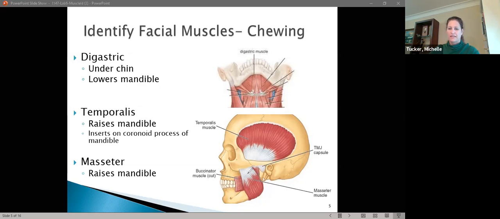There's also a large salivary gland on top of it, the parotid salivary gland, that provides salivary juices, digestive enzymes and things. Okay.